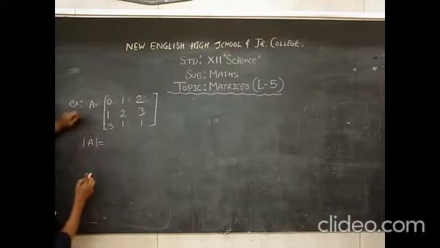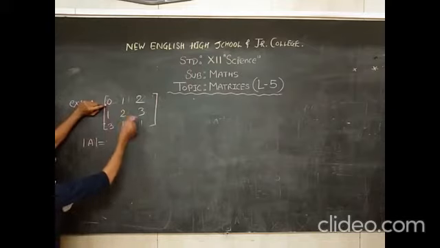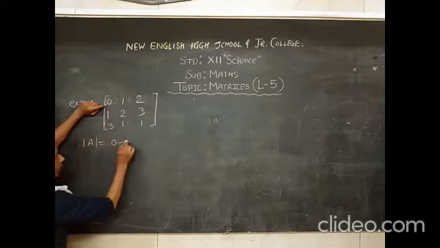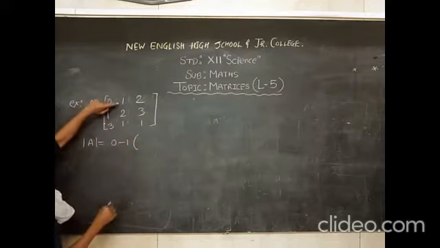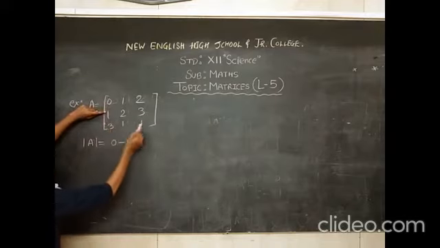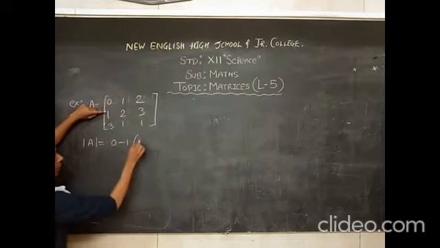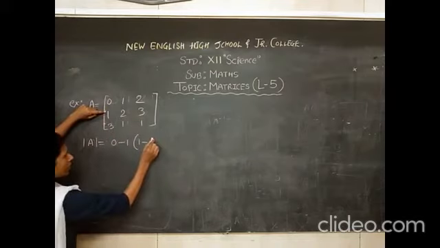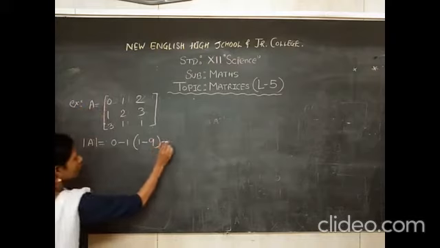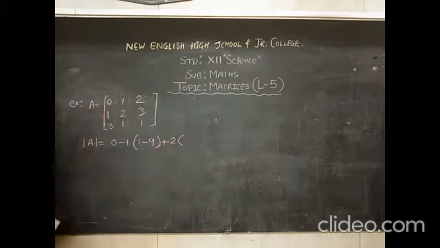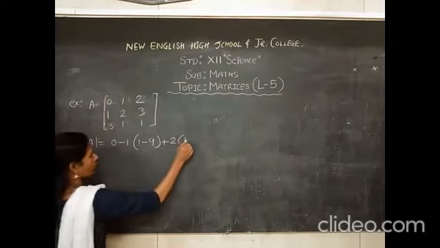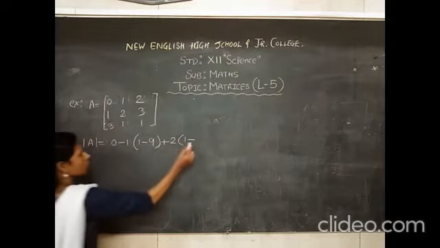Determinant of A equal to. 0 into this, it is going to be 0 first one. I am writing directly. Then minus 1 into 1, 3, 3, 1. 1 into 1, 1. Minus 3, 3 is a 9. Then plus 2 into 1, 2, 3, 1. 1 into 1, 1. Minus 3 into 2, 6.